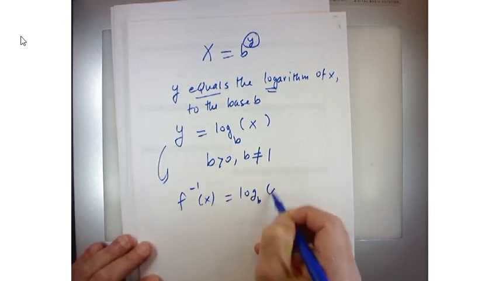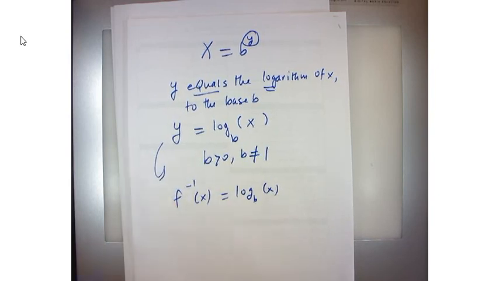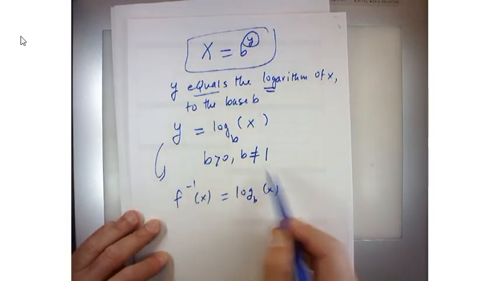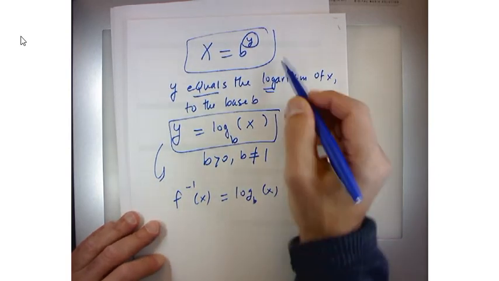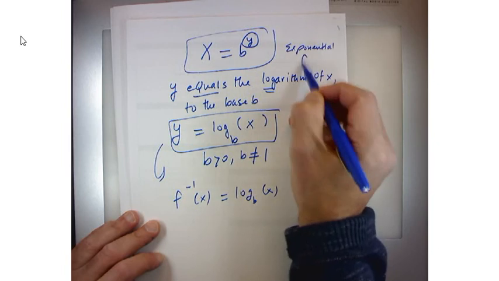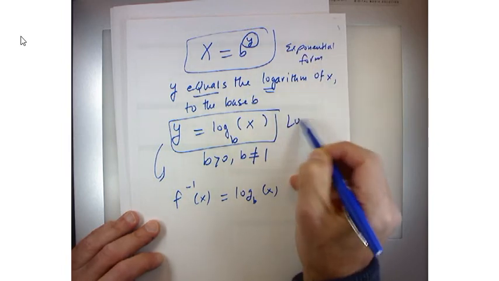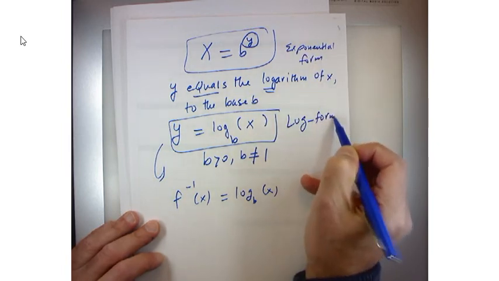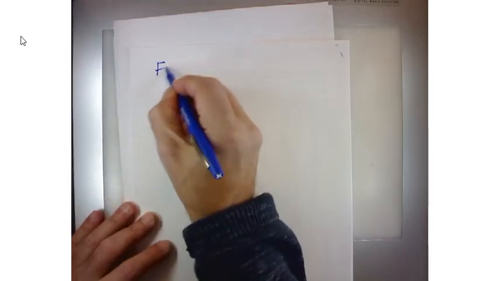So that means the inverse is log base b of x. From all this, we learn two things. We learn that this and that are equivalent. This is called exponential form, and this is called log form. So let me rewrite this on a fresh page. That's called fact 1.